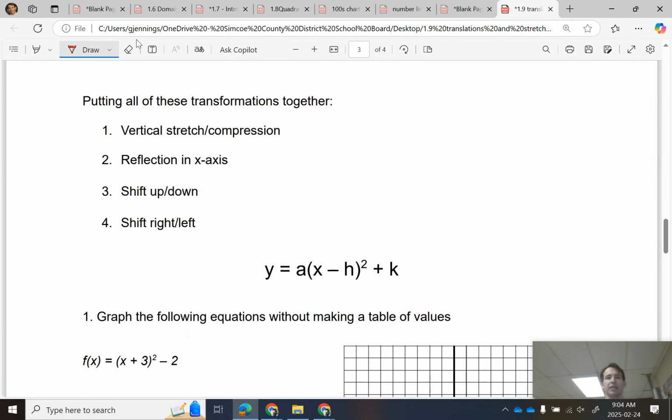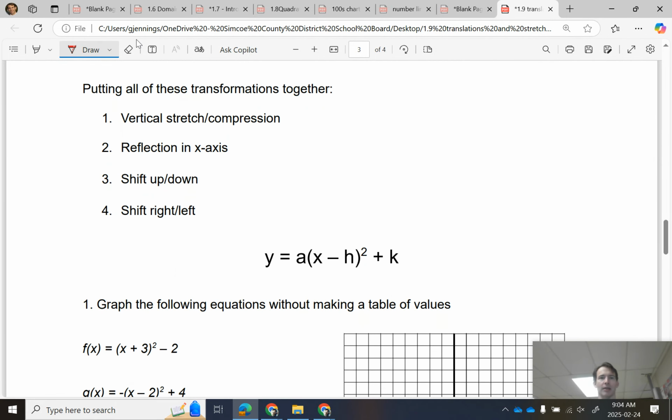So now we put these things together, okay? We have looked at vertical stretches and compressions. These are the a value. It changes the shape, like inflating it, making it taller, or squishing it, making it more flat, okay? The a value stretches and reflects.